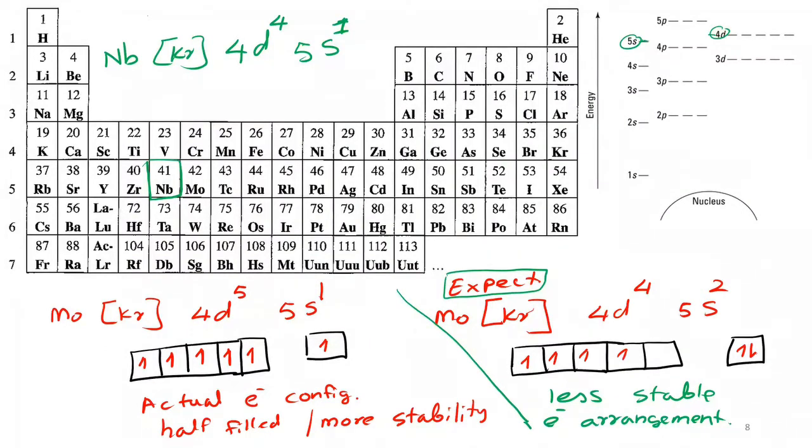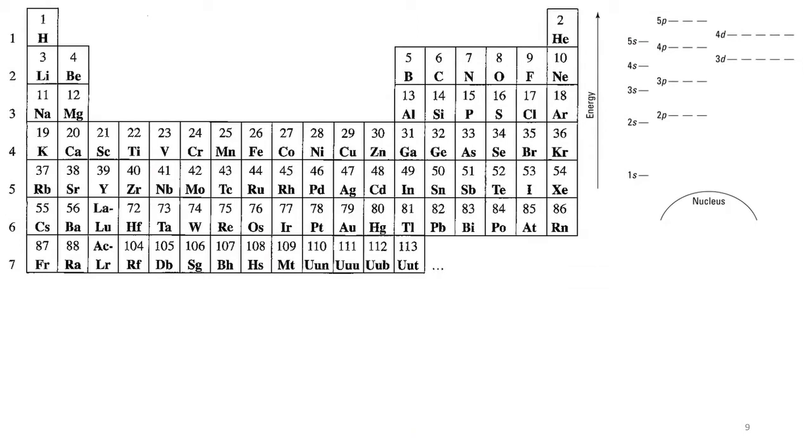And we'll look at the next element in the periodic table. You will have the electron configuration for this as a krypton core, and for the 5s2.